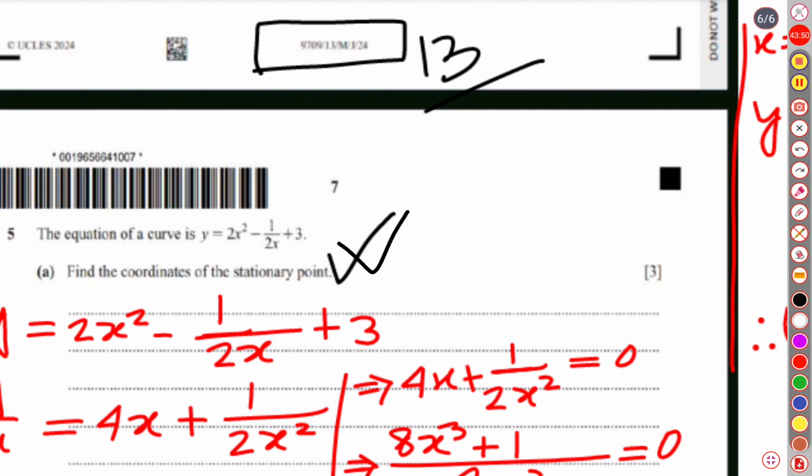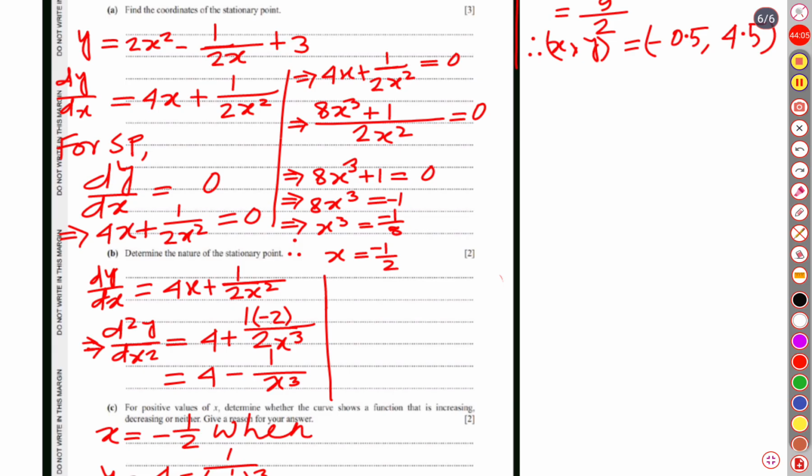You may remember that whenever the word stationary point is mentioned, we find the derivative is equal to 0. So we will have to find the derivative. Let's start the solution. y equal to 2x square minus 1 over 2x plus 3. This is our y.